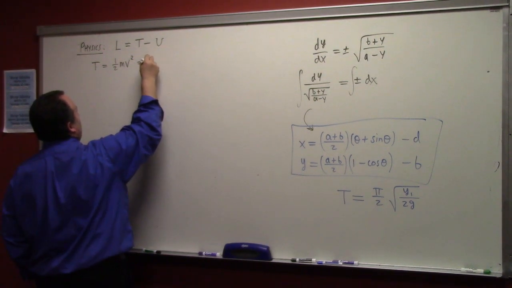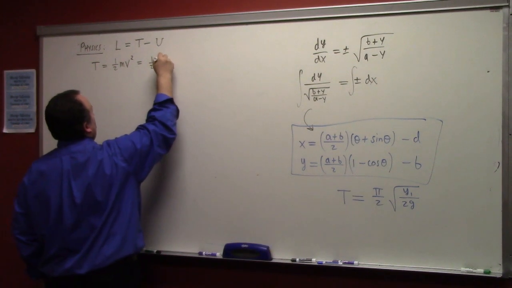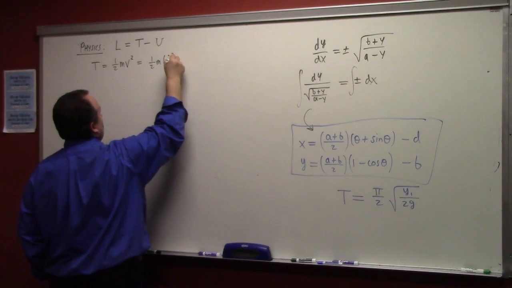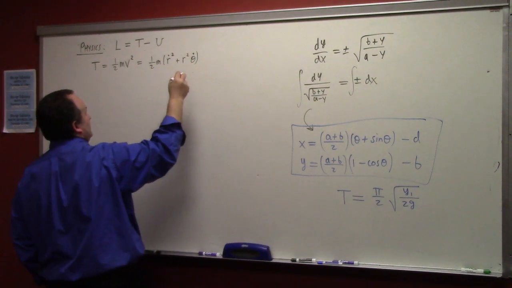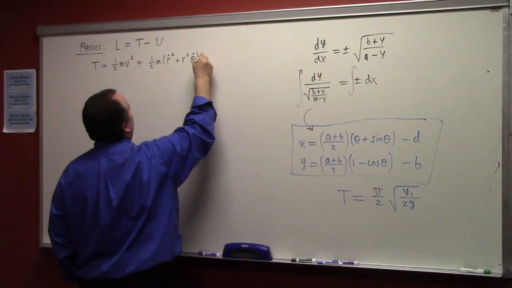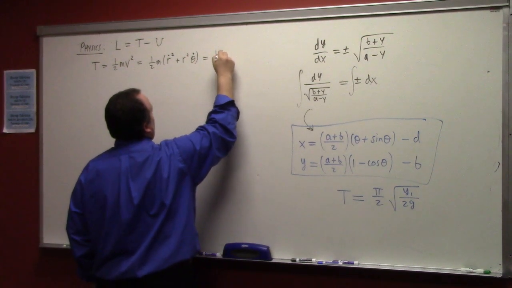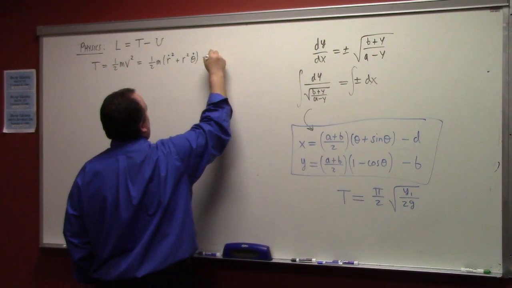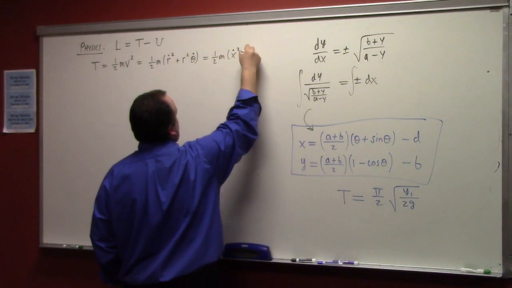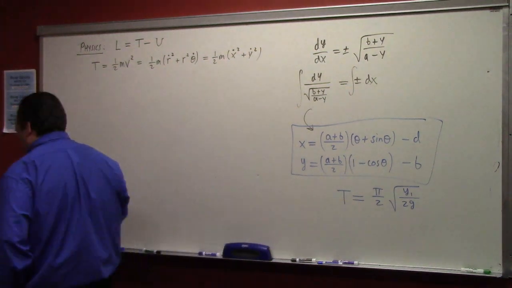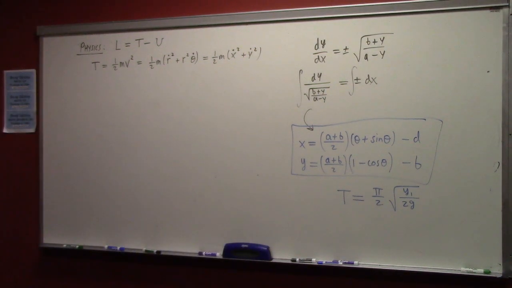We could write that as 1/2 m (r dot squared plus r squared theta dot squared). Way to be weird, I led with the polar coordinates. Or you could do 1/2 m (x dot squared plus y dot squared), right? That would be the formula for two-dimensional motion, either in polar or Cartesian coordinates. There's the formulas for speed.